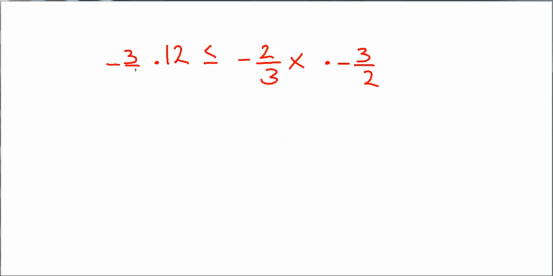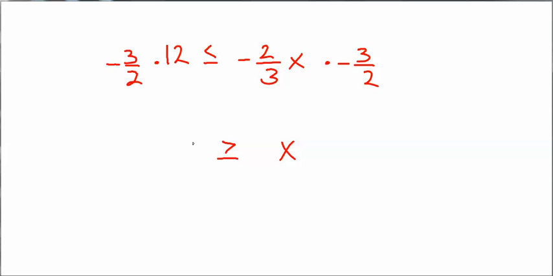How about 12 is less than or equal to negative 2/3 x? Fraction in front of the variable. Anybody remember what to do? Multiply by the reciprocal. So if you multiply by negative 3 over 2, and you multiply by negative 3 over 2, what are you left with on the whole right side? Just an x. Change the direction.